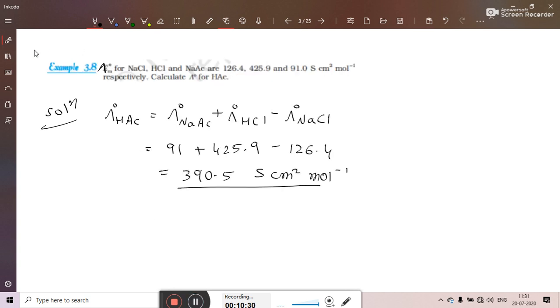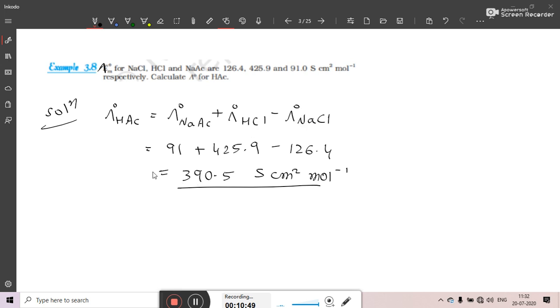Now in example 3.8, lambda naught of NaCl, HCl and sodium acetate are given. We have to find out lambda naught of acetic acid. So lambda naught of acetic acid equal to lambda naught of sodium acetate plus lambda naught of HCl minus lambda naught of NaCl. Here you have to remember that lambda naught of NaCl is taken in the subtraction.